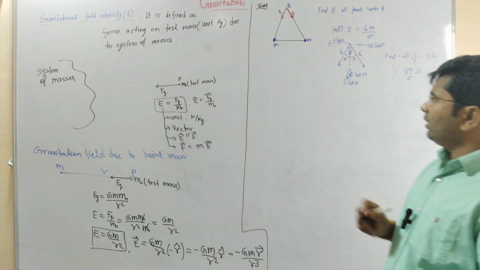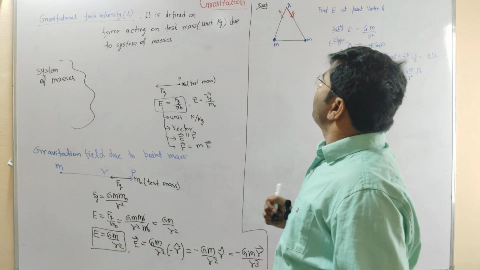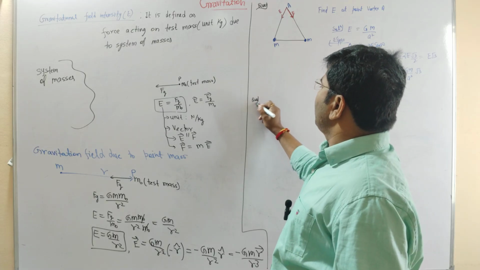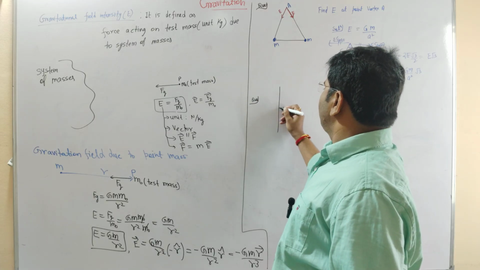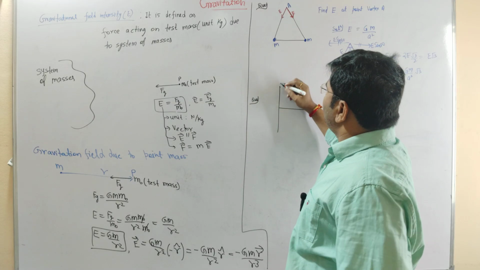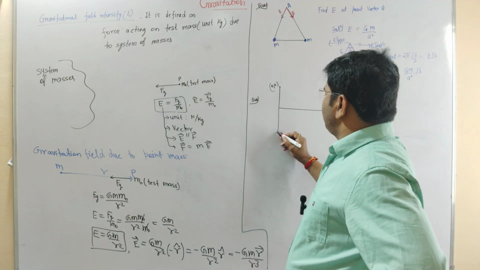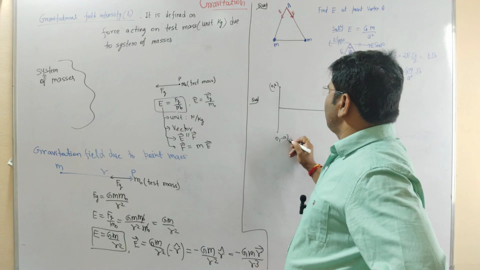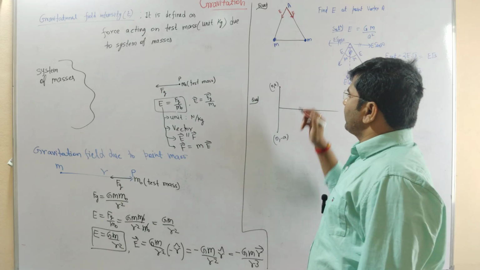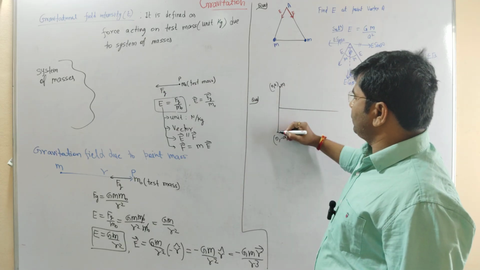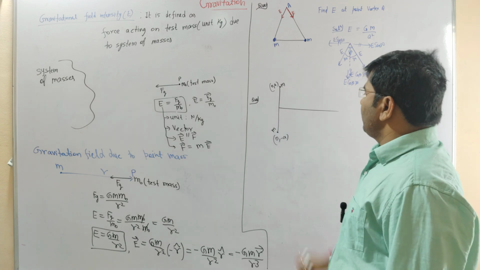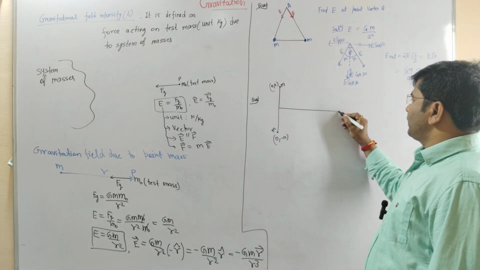Clear? Let's take one more question. Let's take coordinates 0 comma a, and this is 0 comma minus a. Along y we have taken 2 point masses, this is m, this is another m. Find out the gravitational field at a certain point.